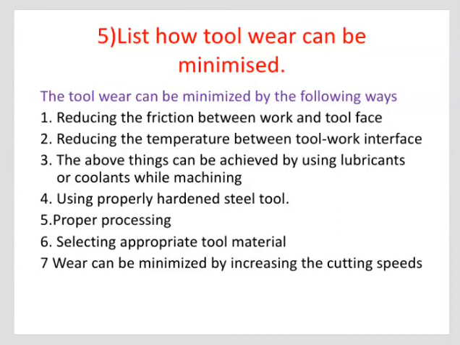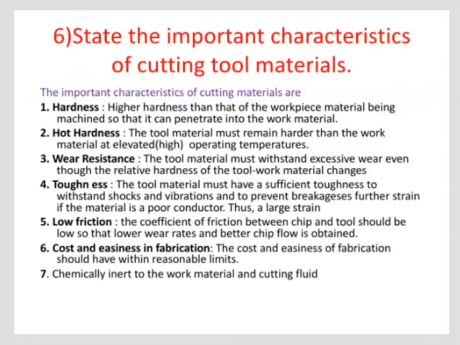The above things can be achieved by using lubricants or coolants while machining. Using properly hardened steel tool and proper processing, selecting appropriate tool material, wear can be minimized by increasing the cutting speeds. These are the ways the tool wear can be minimized.